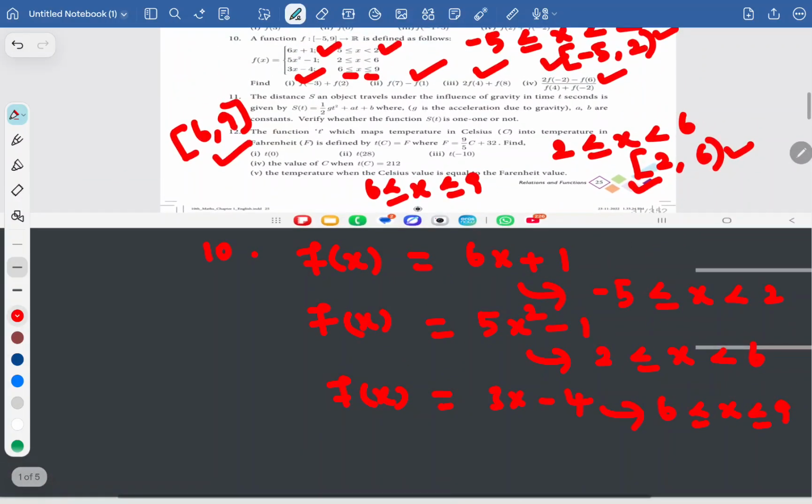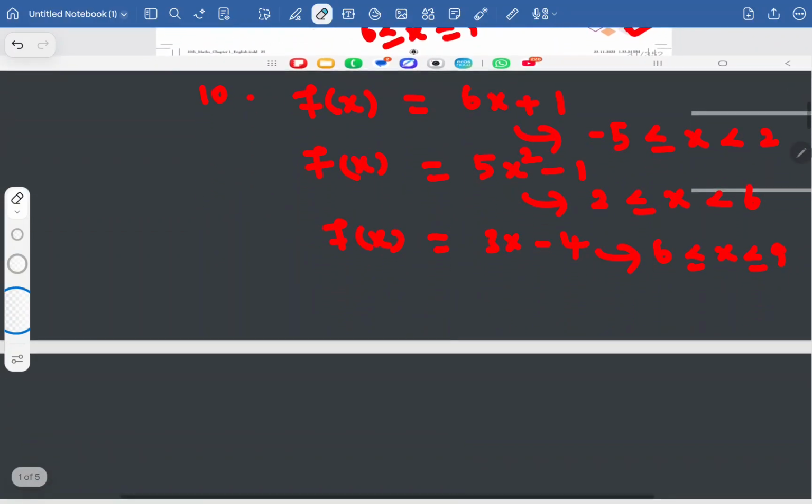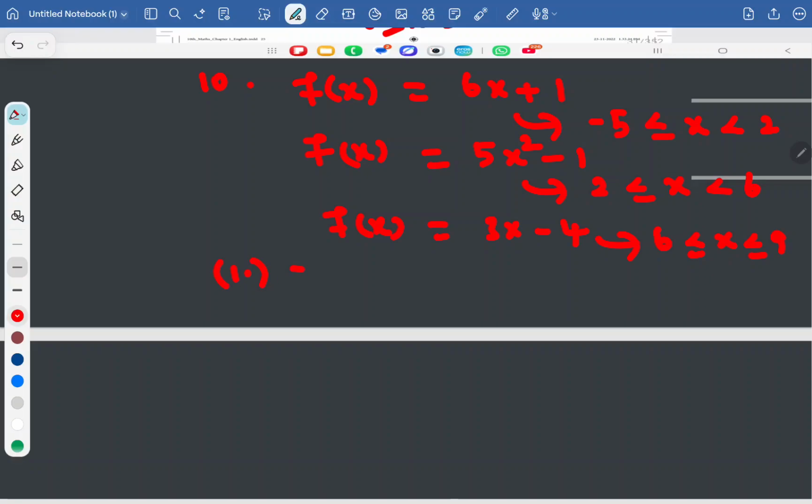First subdivision: f of minus 3 plus f of 2.